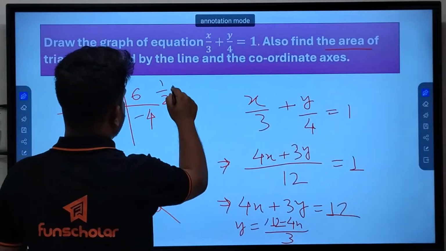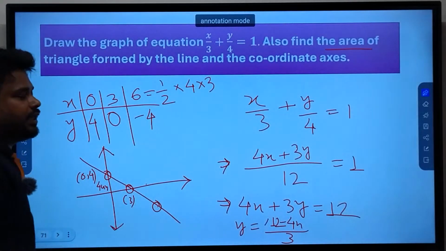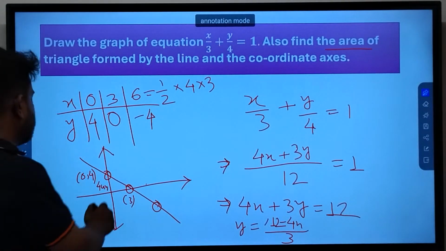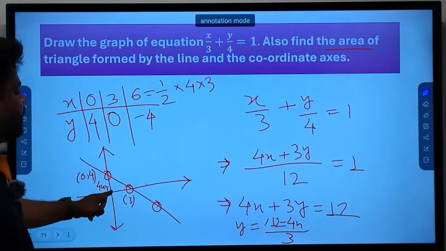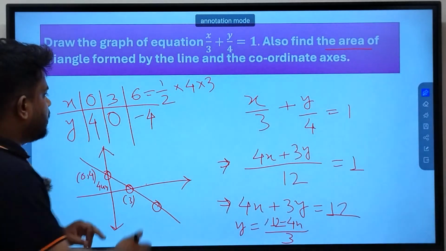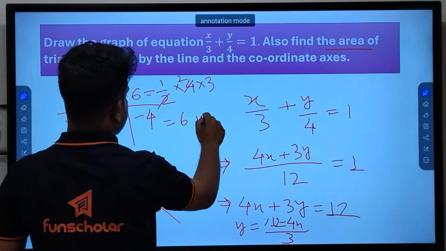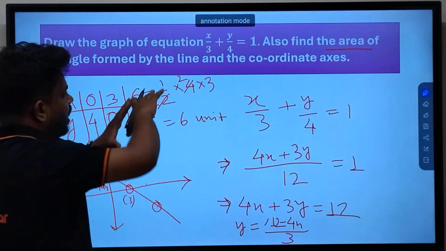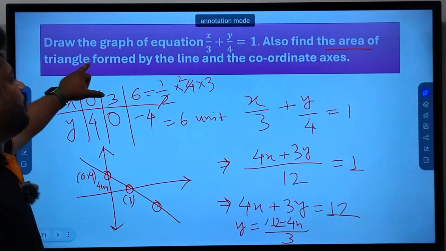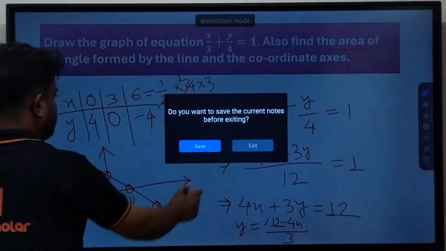From this we know the formula of area, half into base into height. This is a right angle triangle, and a right angle triangle's area is half into base into height. So from this we can tell that 6 units is the area formed by drawing this line. Right? Got it?